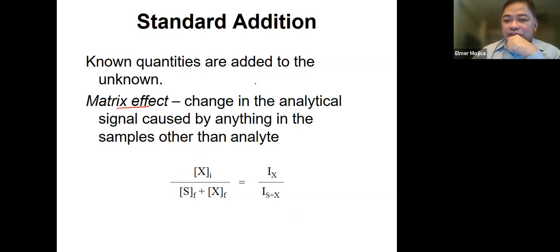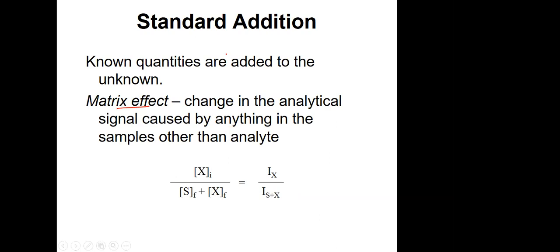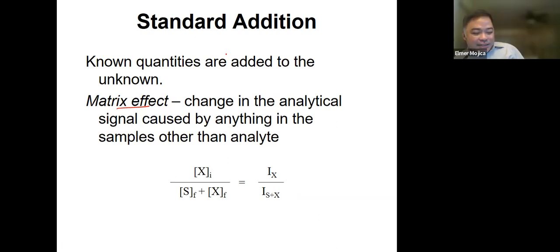So here, ano yung term na ginagamit natin pag-add ng standard doon sa sample? Anyone? Spiking. Ito rin yung ginagawa ng mga may masamang balak. Spike. Okay, spiking. Naglalagay ng ano sa inuman. Okay? So, when we do spiking, we're adding a known amount of the standards doon sa unknown sample natin.